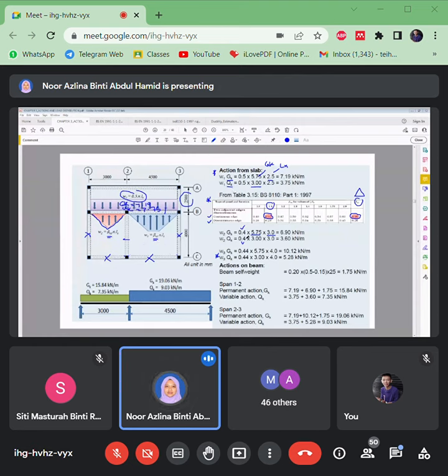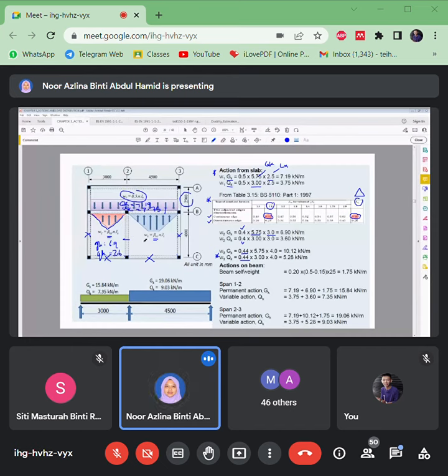So this is the continuous trapezium, 0.44. Okay, so we have everything here. You can list it out. This one has its GK 6.9, and QK is 3.6.